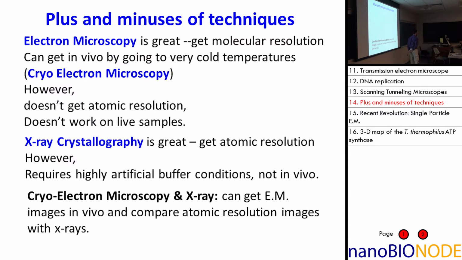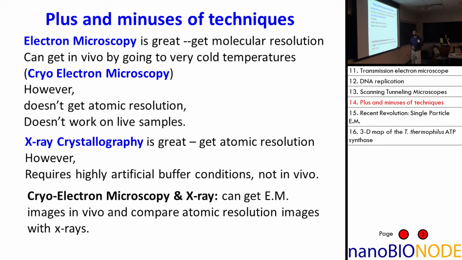I want to talk about the advantages and disadvantages of electron microscope and how combining them really can give you some amazing results. Okay, so electron microscope is great. You get molecular type of resolution. You can even do in vivo by going to very cold.